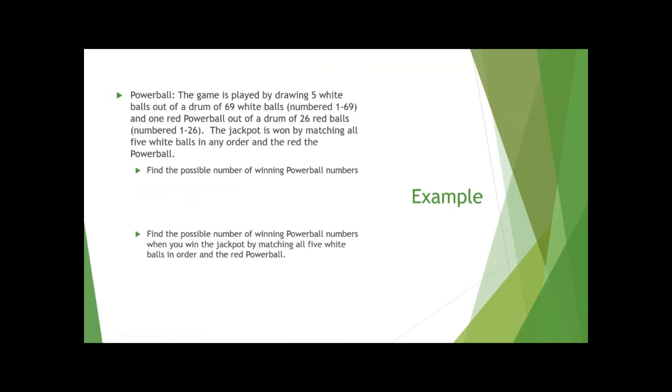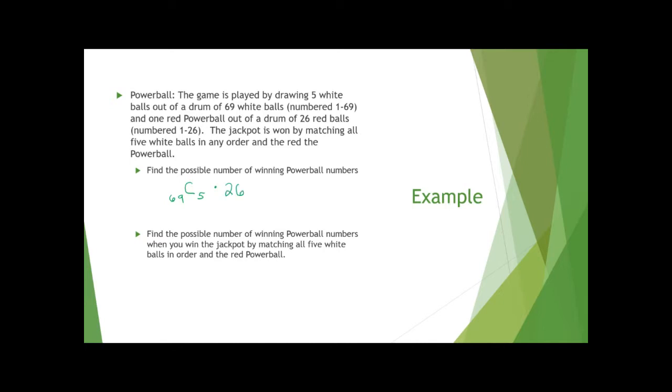It says find the possible number of winning Powerball numbers. To win, order does not matter. So we have 69 white balls, and we only need 5 of them, so it's going to be 69 choose 5. But then you also need to match the red ball, and there are 26 possibilities for the red ball.